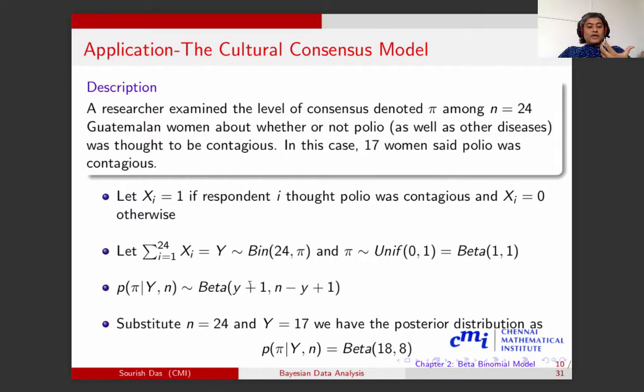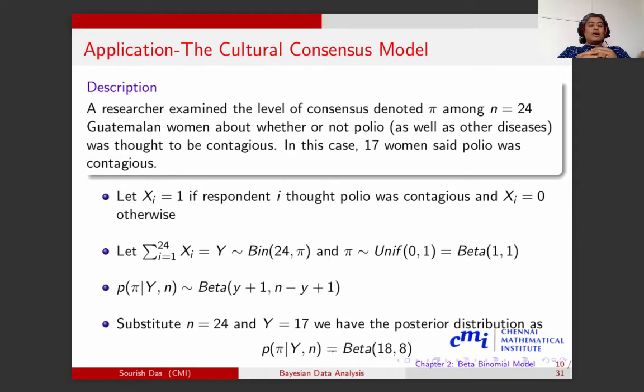Now plug in these values, n equal to 24 and y equal to 17. Then we have a posterior distribution of pi, which you can call the consensus or the awareness among the women about whether polio or other diseases are contagious or not.